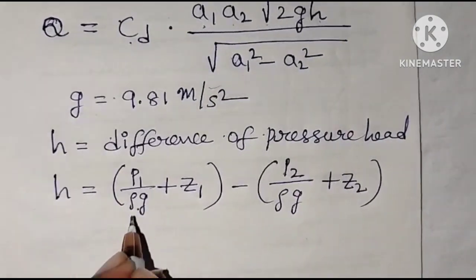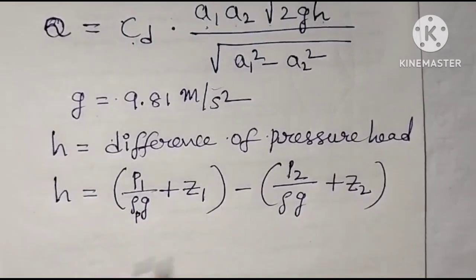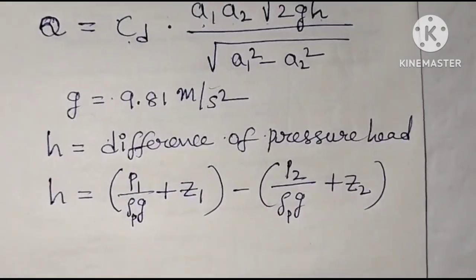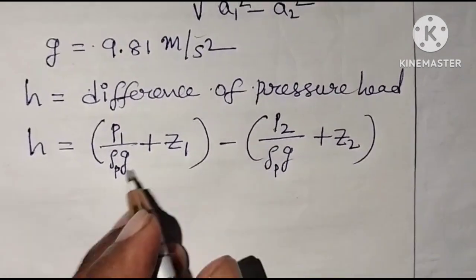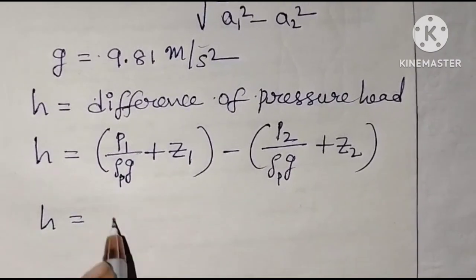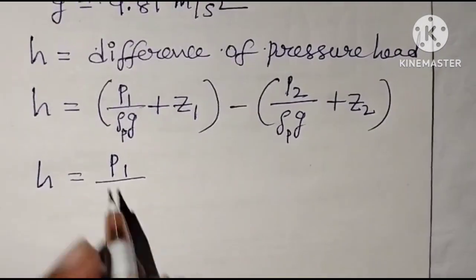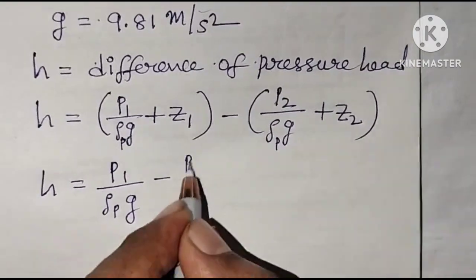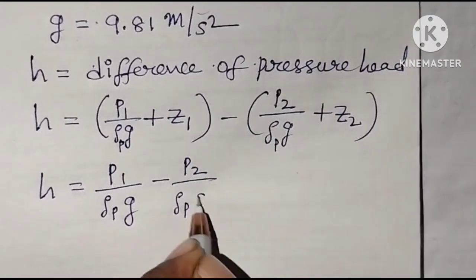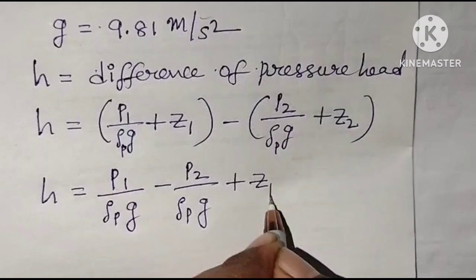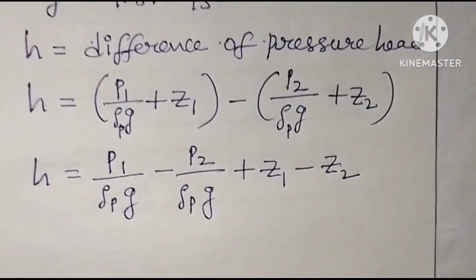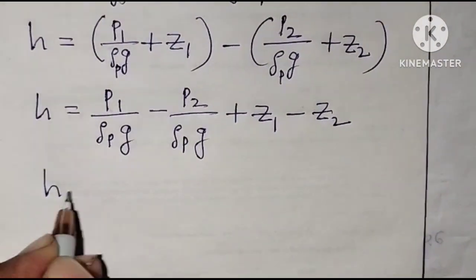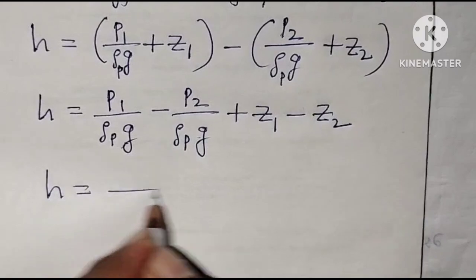Here the flowing fluid is petrol, so we can take rho P, the density of petrol. So now H can be written as P1 by rho P into G minus P2 by rho P into G plus Z1 minus Z2. If you see the first two terms, the denominators are the same.